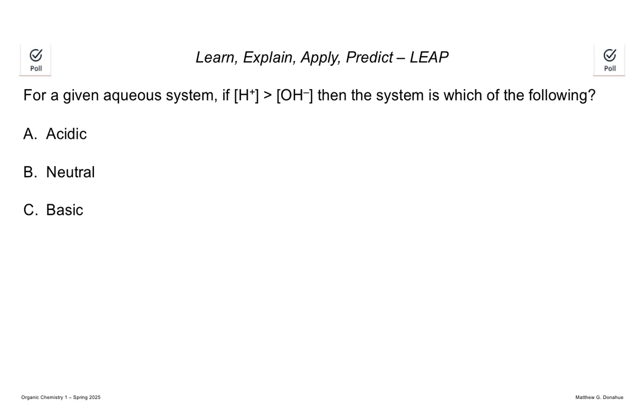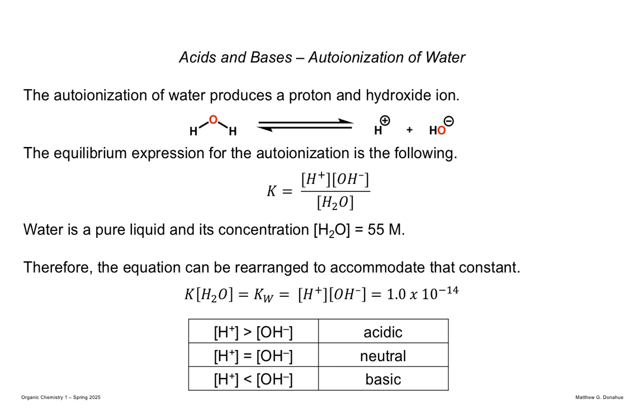So A, acidic. And then relative to 7, is it going to be less than or greater than? So less than. So 0 to 6.99, repeating, that's the acidic region of the pH scale. So I don't think I have the follow-up question, but basically, when you're greater than 7, it's basic.